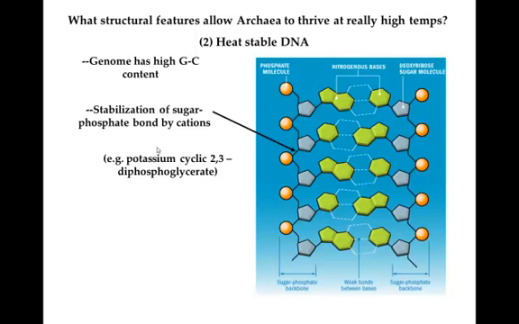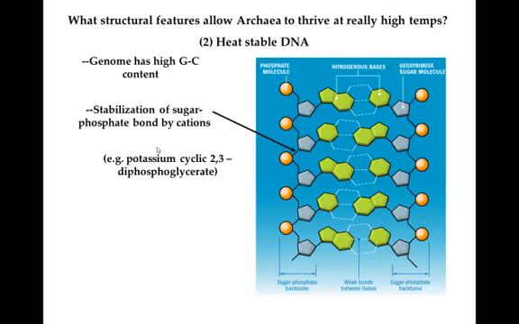So when the positively charged potassium binds to the negatively charged DNA, it neutralizes this charge. And because DNA then has a neutralized charge, it's less likely to interact with other molecules around it. And that helps stabilize the DNA.